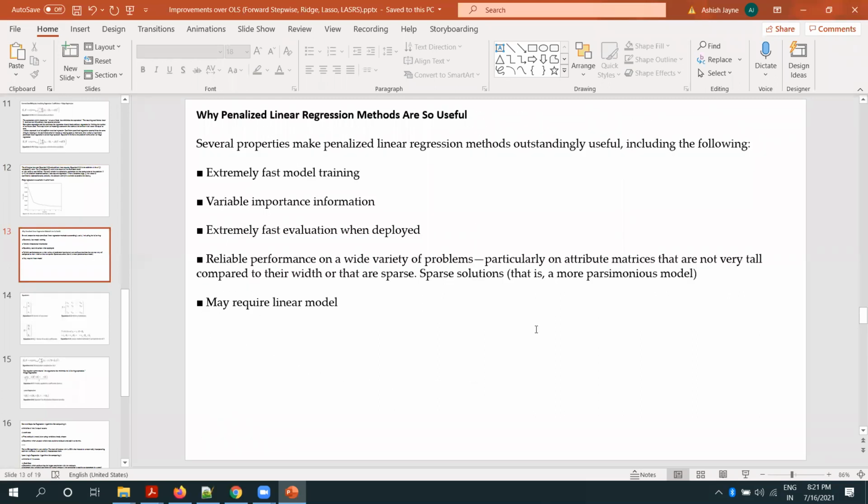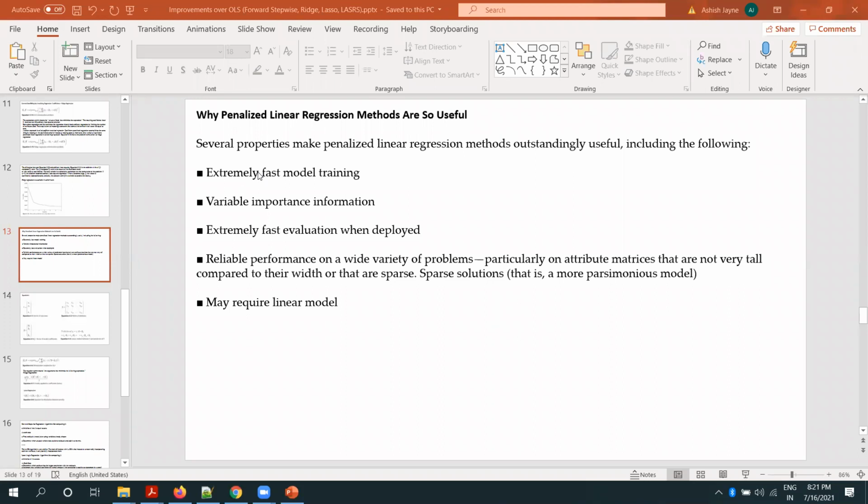Why are penalized linear regression methods so powerful? They are powerful because they are extremely fast. Model training is extremely fast, and variable importance information is also with us. Variable importance information is with us because we are using forward stepwise. We aim to use the forward stepwise mechanism to figure out which attributes are most relevant in decreasing the error term.